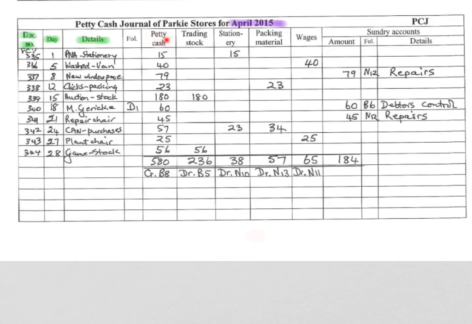Then the main account, the big account, I'm going to highlight it in red for you. That is going to be the main account. Everything will be entered into the petty cash column, and then, the same as in the others, it will be entered somewhere else after that. It has to have the credit in the petty cash column and then somewhere else.